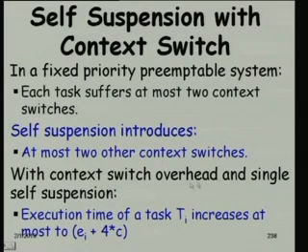Since we are assuming a single self suspension, the self suspension will introduce at most 2 other context switches. So, we need to make it Ei plus 4 into C. Suspension and resumption. Yes, self suspension and resumption.